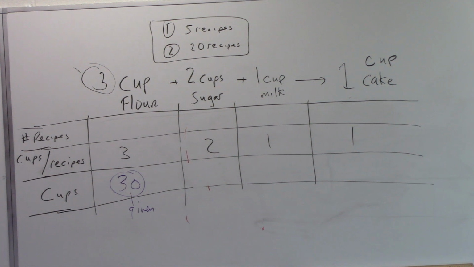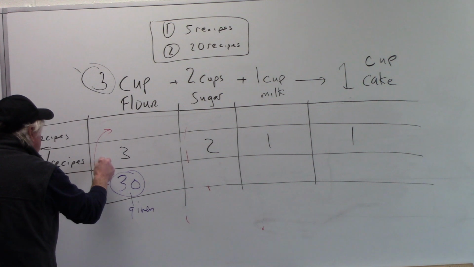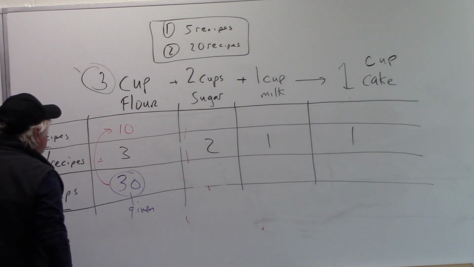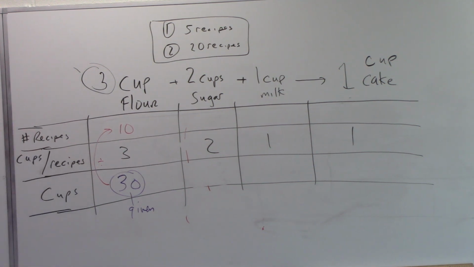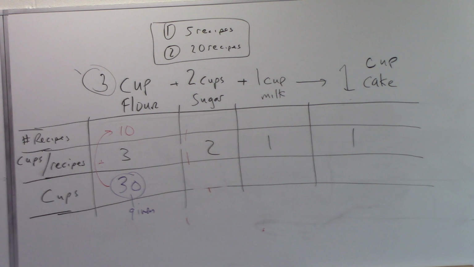Each recipe is 3 cups. So what you can do is divide the 30 cups into groups of 3. And when you do that, you end up with 10 recipes.